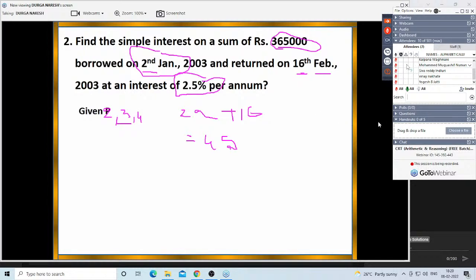P value directly given 3,65,000. T value 45 by 365 years and R value 2.5. Do it fast.